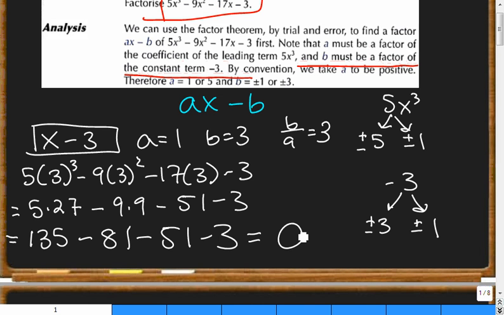Now, let's say you failed and you ended up getting a remainder here, picking a different combination. That just whittles down the combinations that you can try. I would always suggest picking an a value of 1 to start if you can, and then that would generally be associated with the higher value of b.